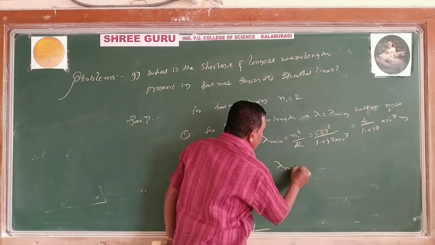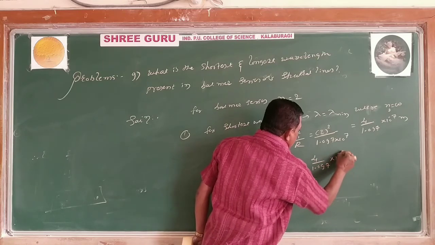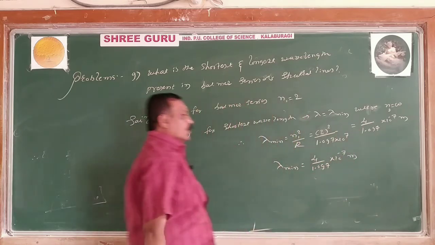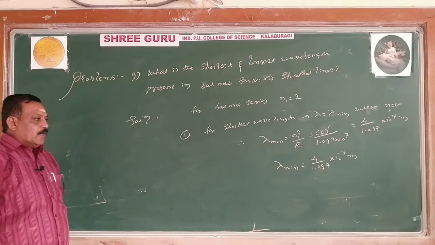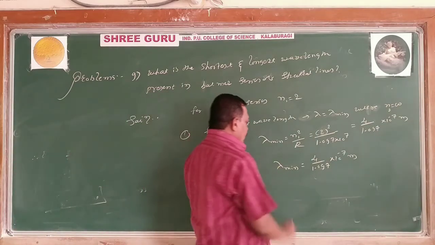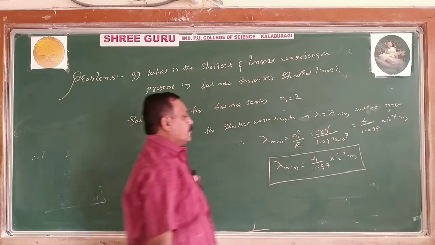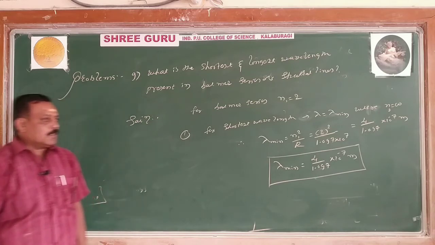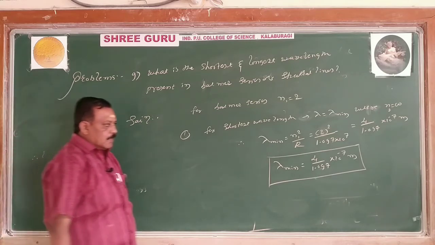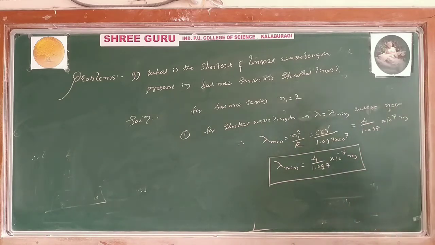Take 4 divided by 1.1. This is our answer. Divide it on the calculator and note the answer, it is 3.8 or 3.9 something.